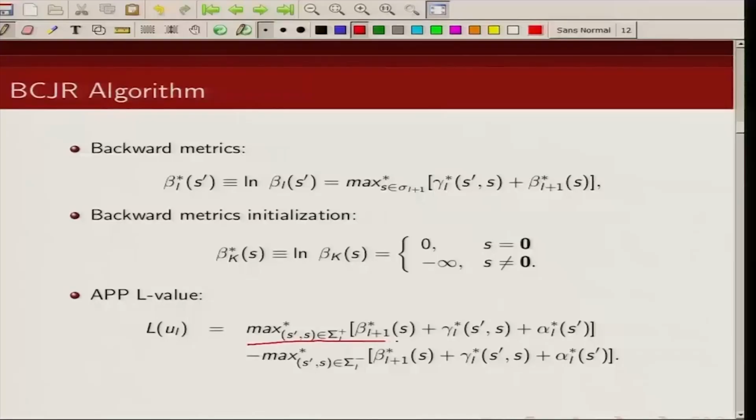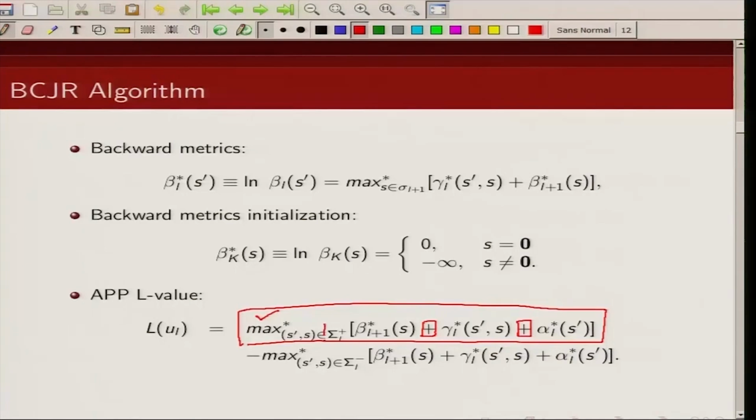So, this term that you see here is the term corresponding to the numerator term. Again, the summation term has been replaced by this max star operator, and this product term has been replaced by these addition terms.